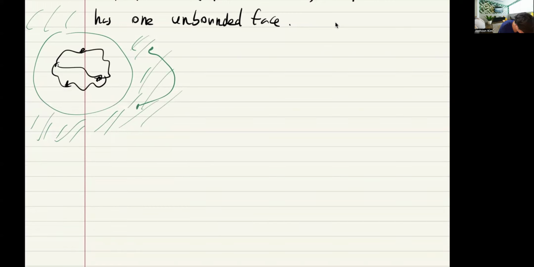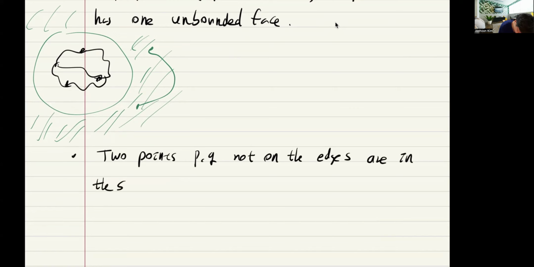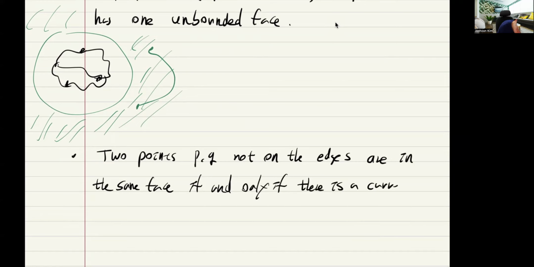And also, we see that two points P and Q, which are not on the edges, are in the same face if and only if there is a curve from P to Q that crosses no edges.